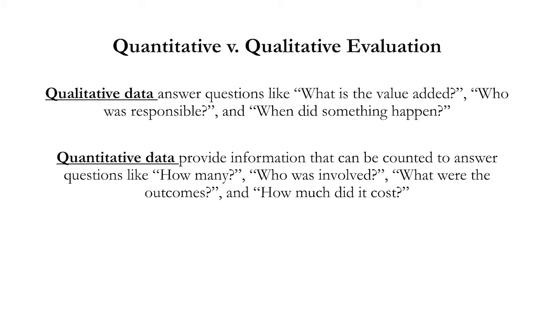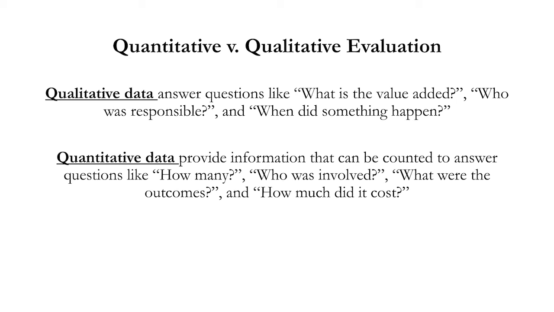So basically, quantitative data provides information that can be counted, right? To answer questions like how many, who was involved, what were the outcomes, how much did it cost? Quantitative data measure the depth and breadth of an implementation, right? So the number of people who requested interpreters, the number of complaints received.